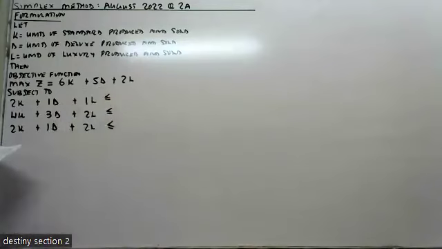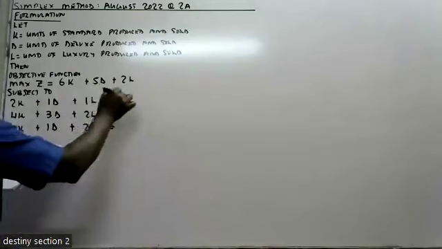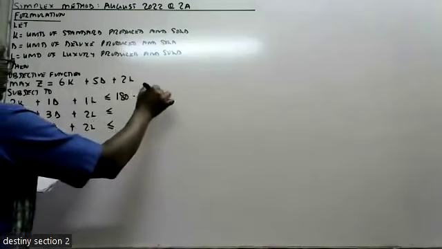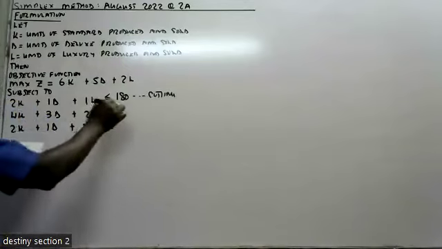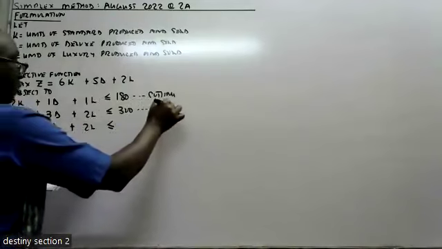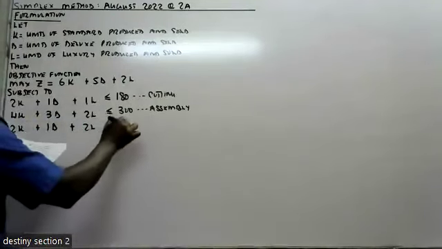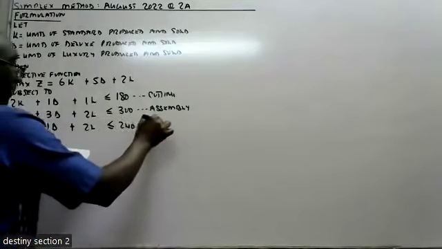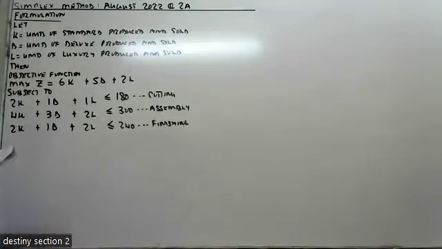Should be less than or equal to, in the cutting department, we are told we have 180. This is cutting hours. Then this is 300, in assembly. And then 240, this is in finishing.